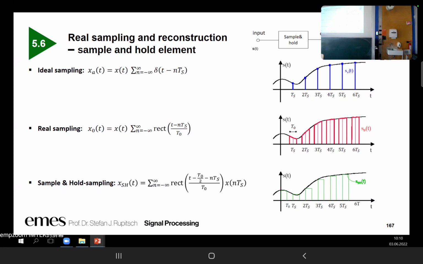So if the red thing is too large, then there would be some overlapping. Yeah. Not really. That's not really the problem.